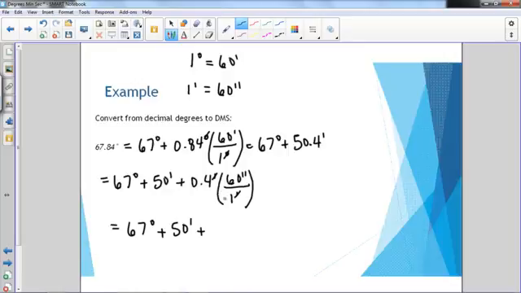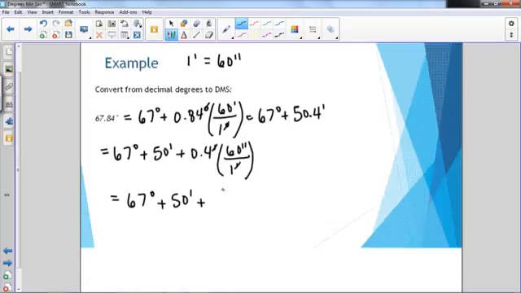I'm putting this last part in my calculator. That gives me 24 seconds. So my final answer, converting from decimal degrees of 67.84 degrees, I'm left with 67 degrees, 50 minutes, and 24 seconds.